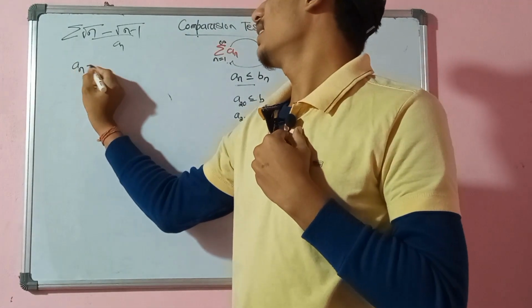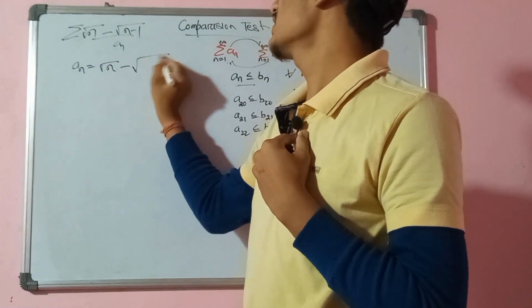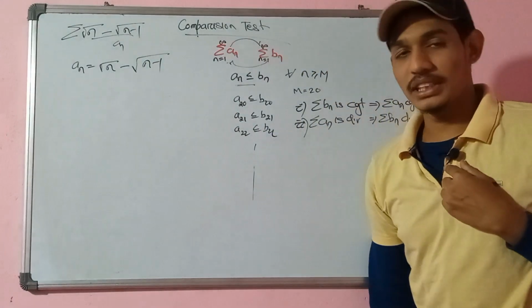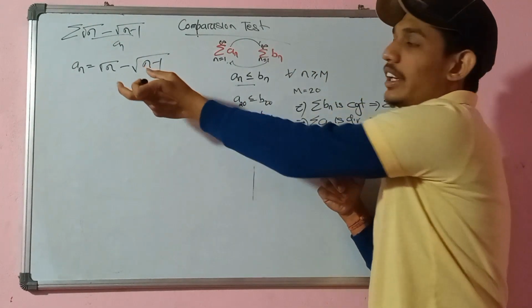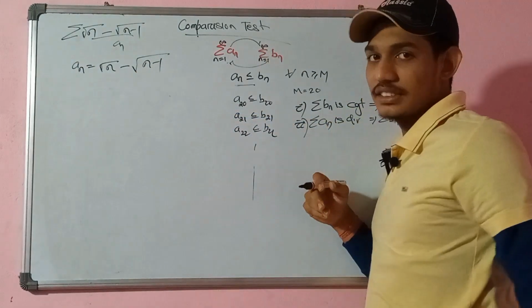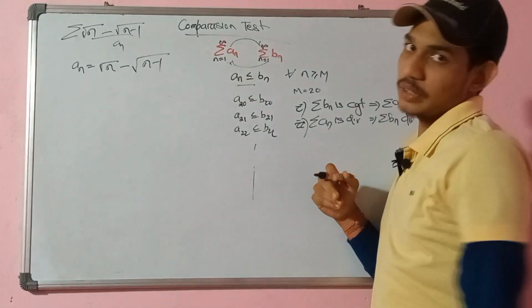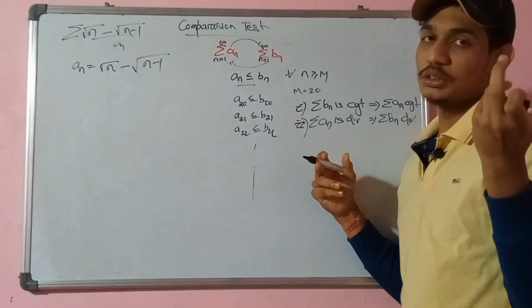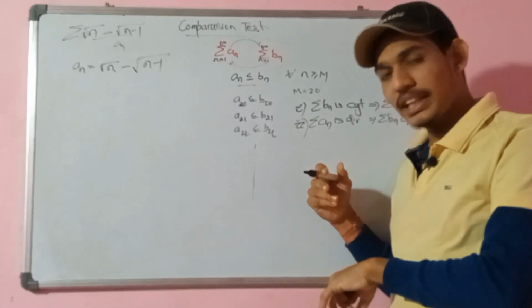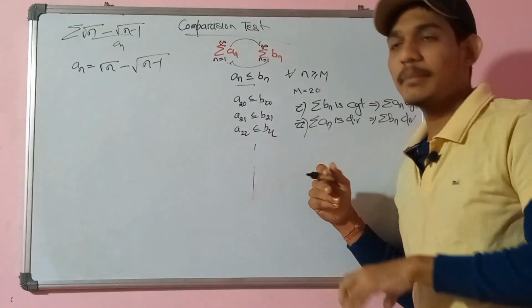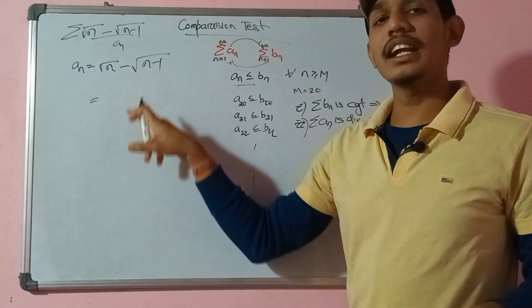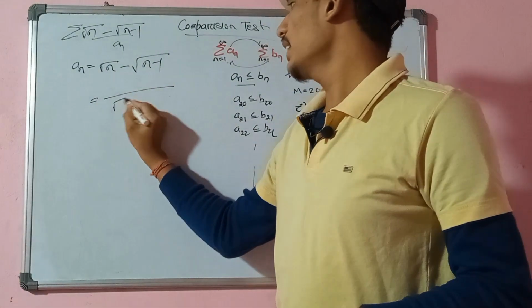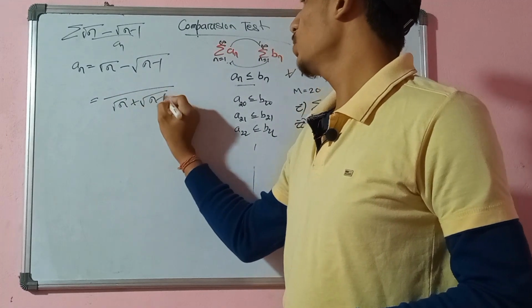So what is my an here? My an is root n minus root n minus 1. I told you once, whenever you see a term like this, just multiply by its conjugate. The conjugate of a minus b is a plus b, and the conjugate of a plus b is a minus b. So multiply its conjugate in both numerator and denominator. What will you get? Root n plus root n minus 1.